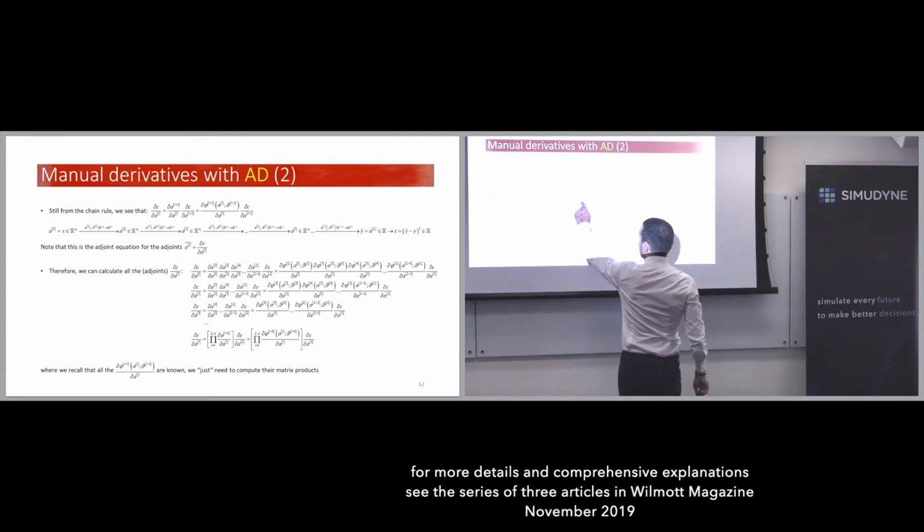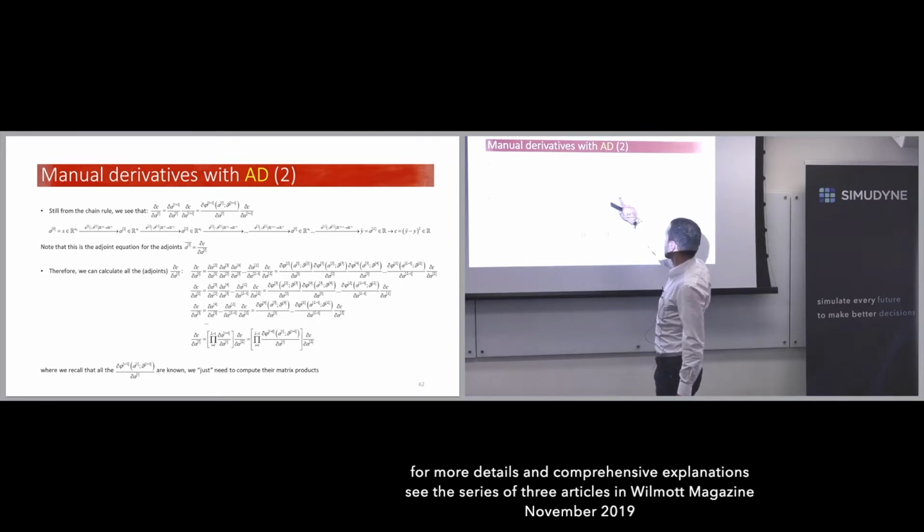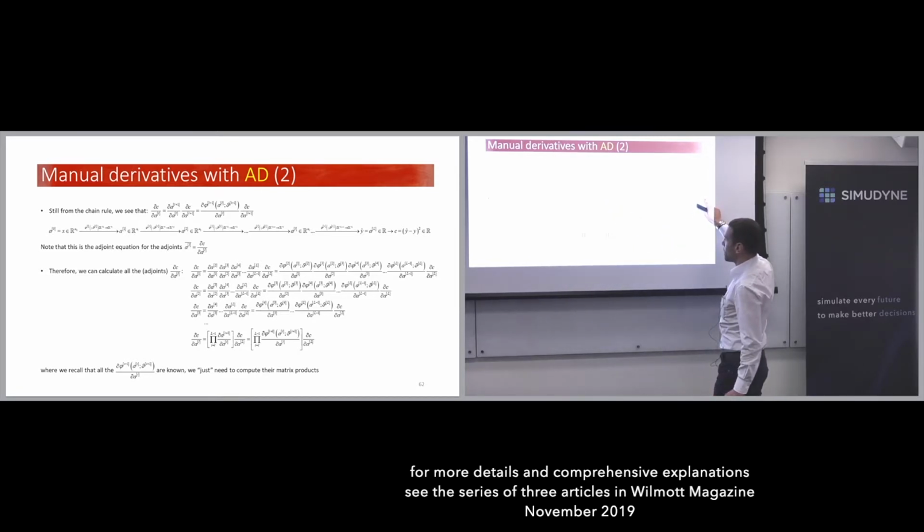But then we know all the dA_{l+1} over dA_l, since every A_{l+1} is found by applying the function phi_{l+1} to A_l. So dA2 over dA1 is the Jacobian of phi 2, this one is the Jacobian of phi 3, this one is the Jacobian of phi 4, and this one is the Jacobian of phi L. And this last one, very interesting, is dC over dA_L, but I just keep it as it is for the moment.